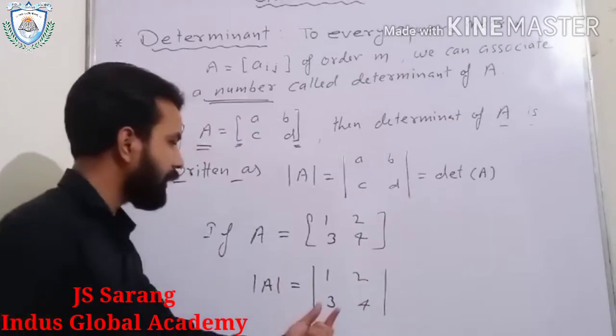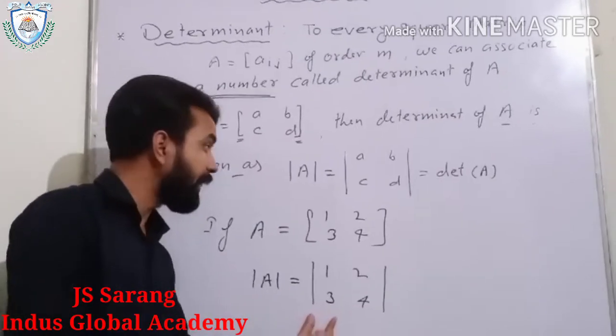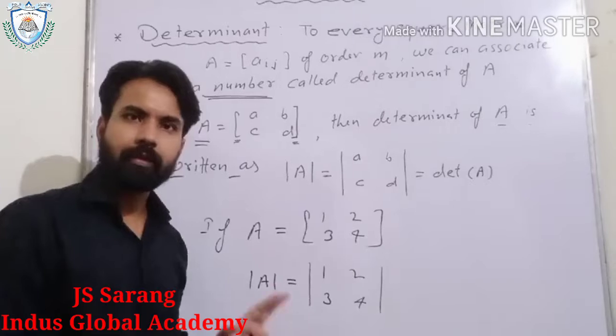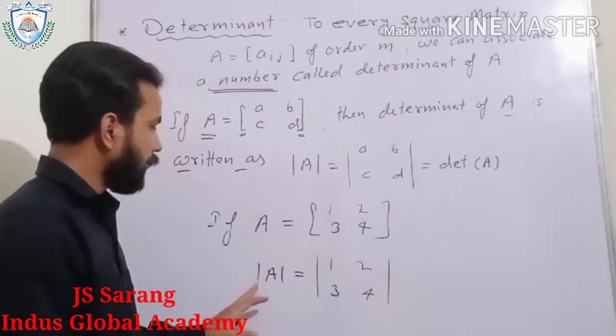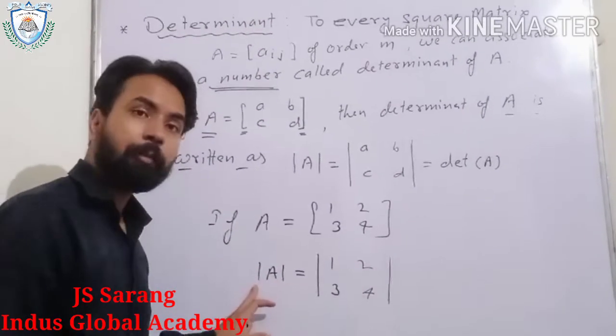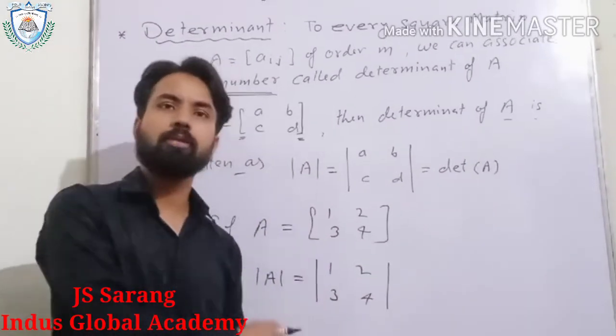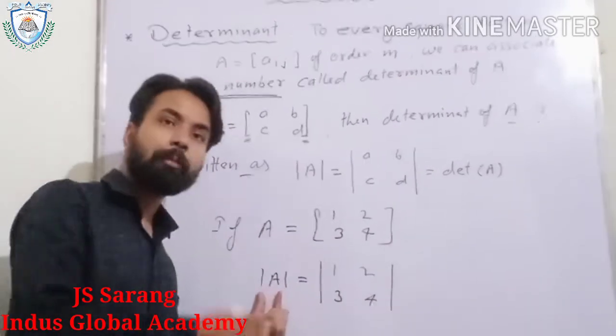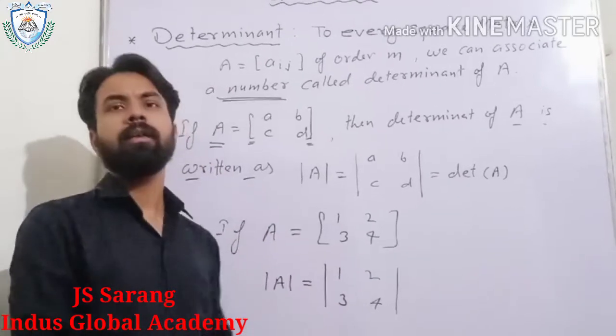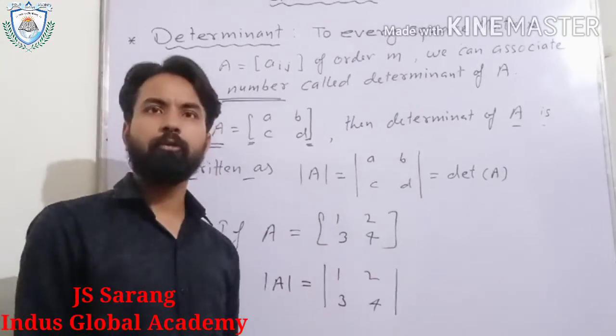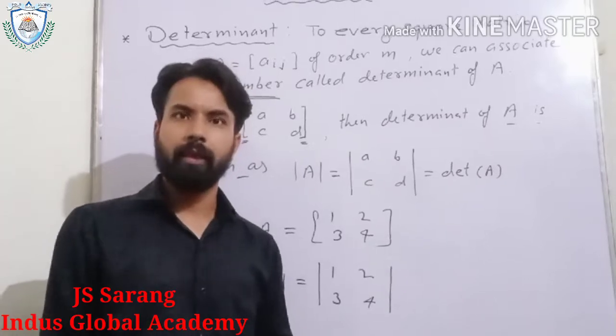So this is the determinant of this given matrix. The sign of determinant is the same as the modulus, but we will never say this is modulus of A. This is determinant of A, and we can find the determinant for a square matrix only.